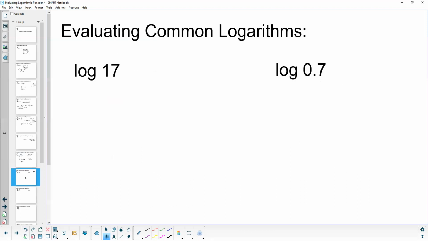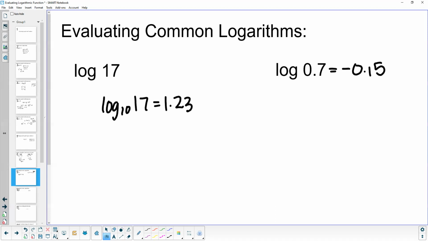So let's take a look at a couple of examples here of how we can use that common log. So we can type it right in so we can see the logarithm of 17 is referring to log base 10 of 17, and that's going to be equal to 1.23. Our log of 7/10 is going to be equal to negative 0.15, and you can choose how many decimal places to round this to.